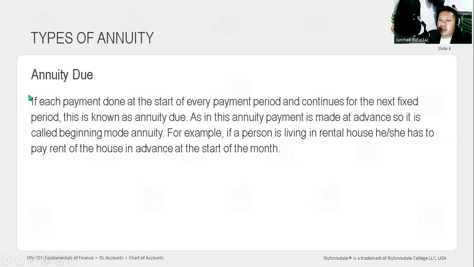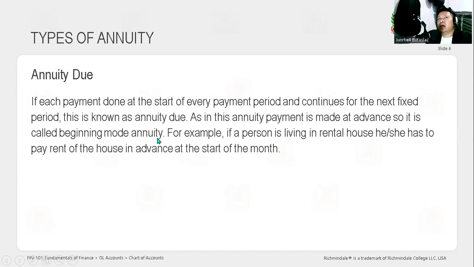Second is the annuity due. If each payment is made at the start of every payment period and continues for the next fixed period, this is known as annuity due. As in this annuity the payment is made in advance, it is called a beginning mode annuity.